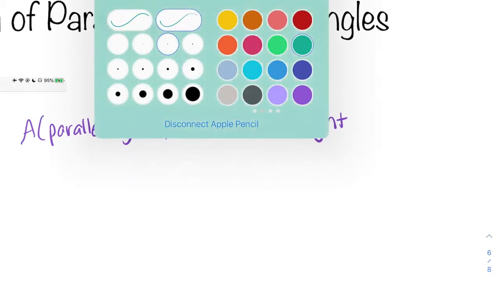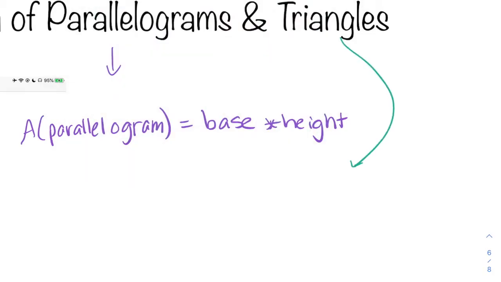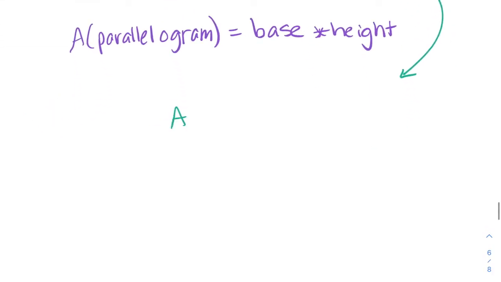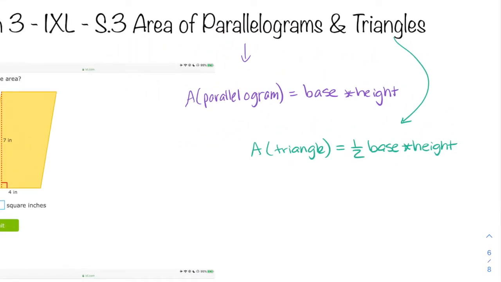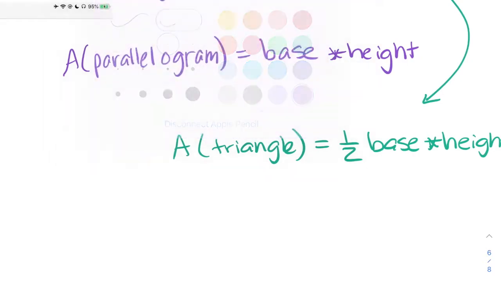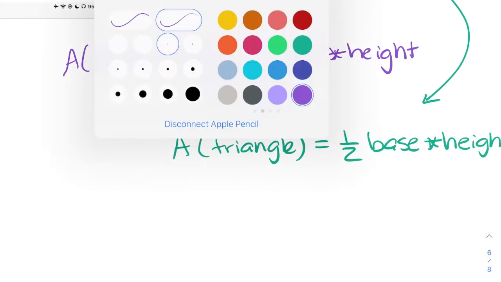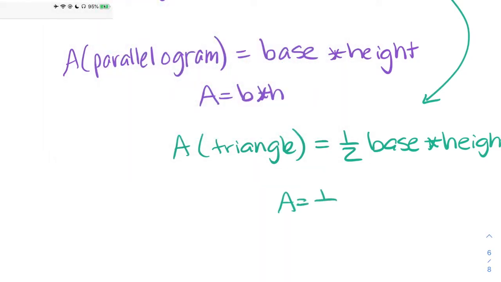And the area of a triangle, remember, is 1/2 base times height. So we tend to simplify it as base times height, and for this one, we will say 1/2 b times h.